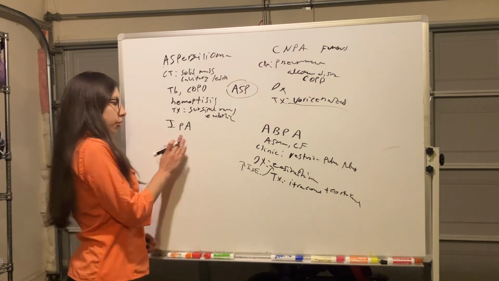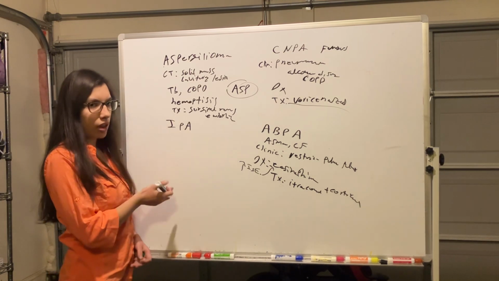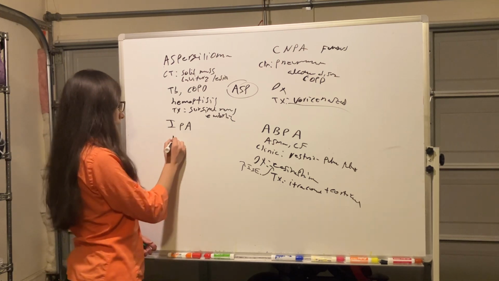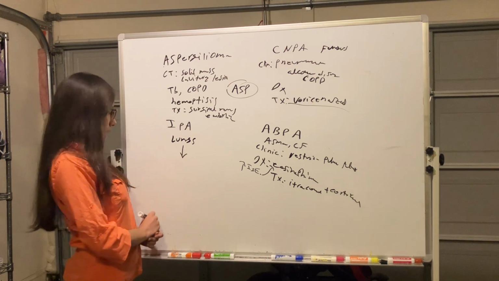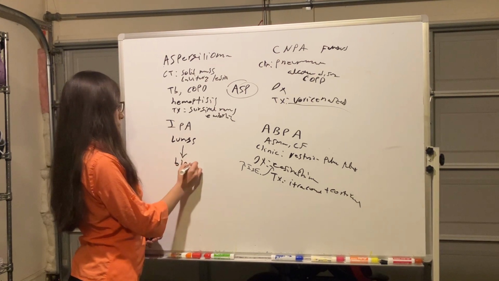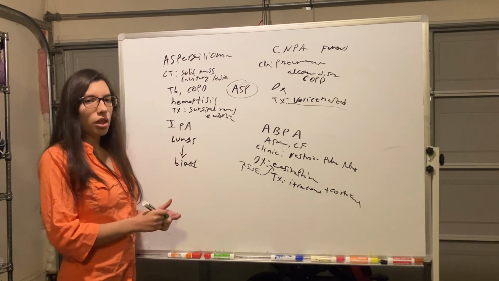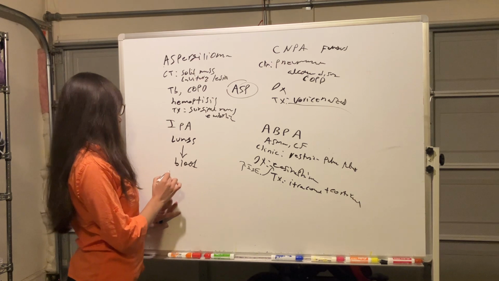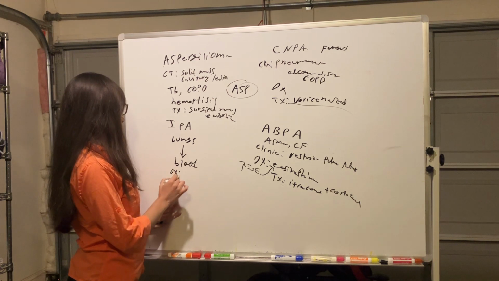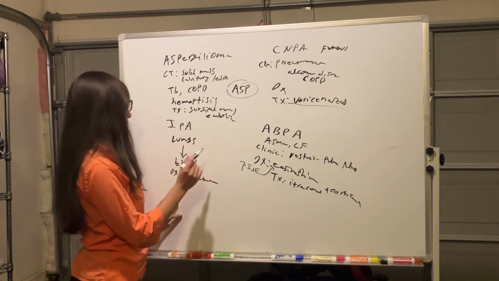And invasive pulmonary aspergillosis, this is a rapidly progressive infection that starts in the lungs and hematogenously disseminates, so to the blood and all the body. It can lead to septic emboli. The diagnosis is finding galactomannan antigen.